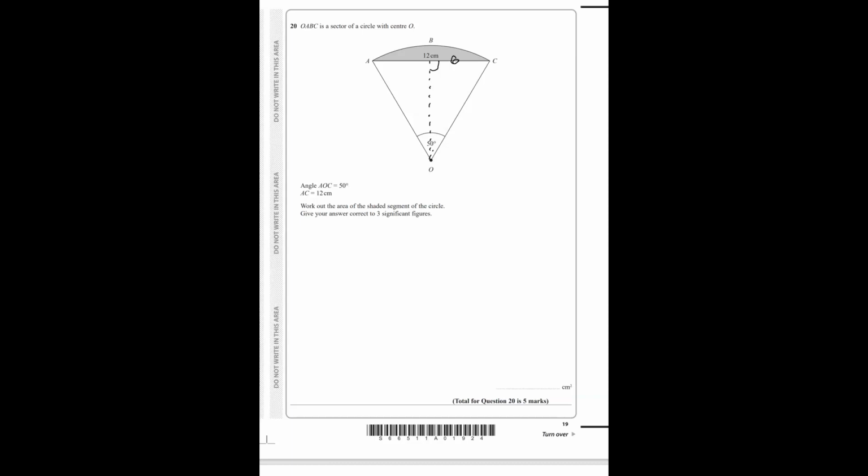So basically we've got sine of 25 degrees is equal to opposite over hypotenuse. So OC is 6 divided by sine of 25, which is 14.197. Now I've got that, hopefully we can actually work some stuff out.